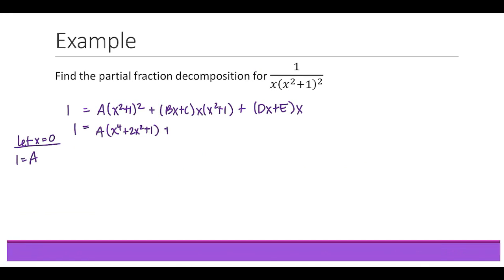I have bx plus c times, I'll distribute the x to this term, that's x cubed plus x. And then here we don't have to distribute, we can just kind of think about it. We want to do as little as possible just to think about what would be in front of each x term.